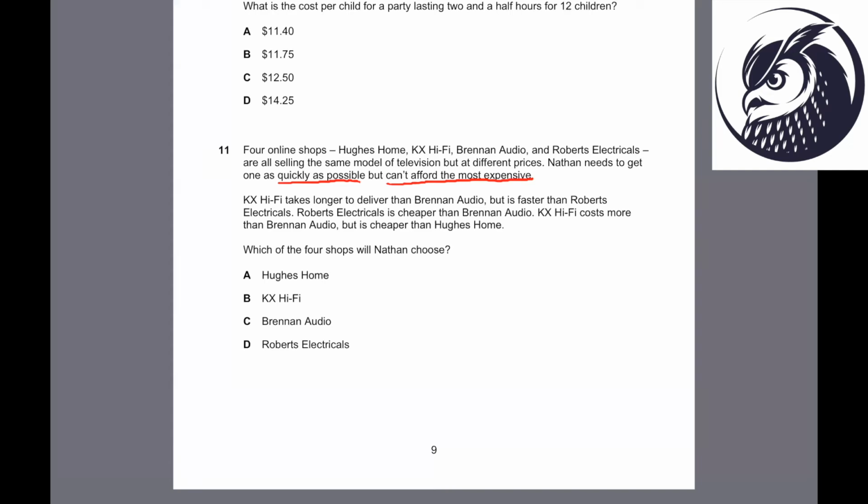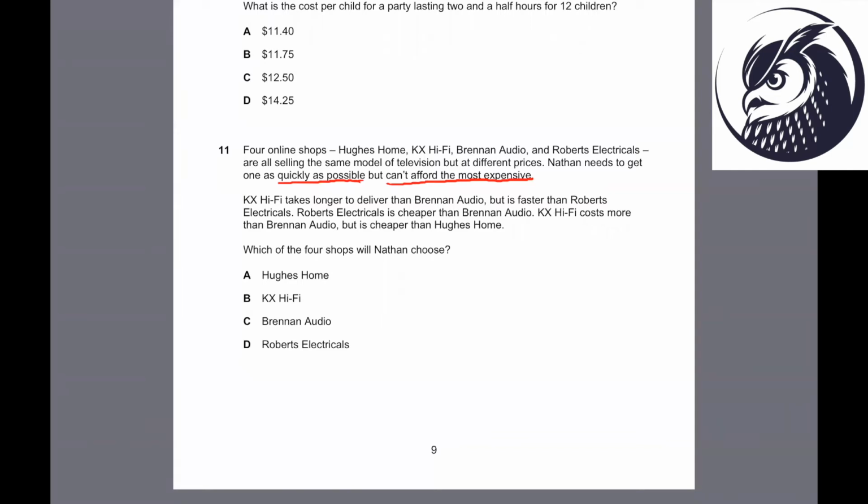So what we're going to start with is drawing a little flowchart of the speed. We do know that Nathan wants to get one as quickly as possible, so speed is the most important condition, and we just know that he can't afford the most expensive.